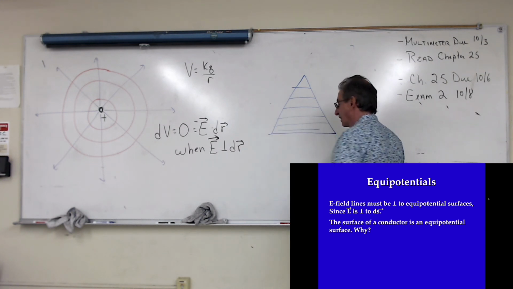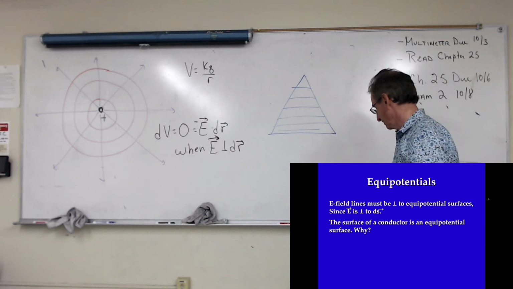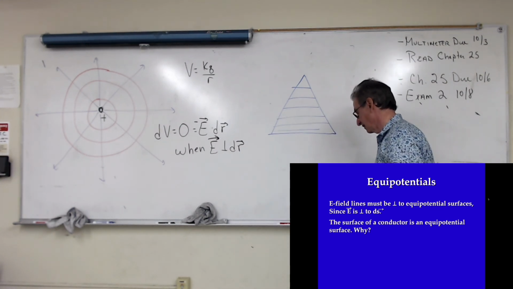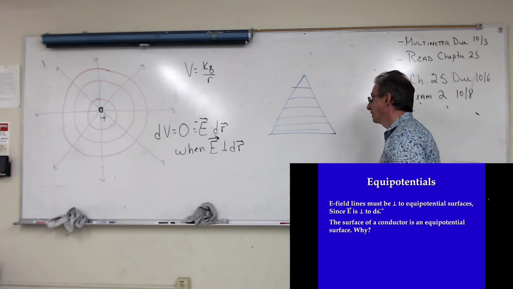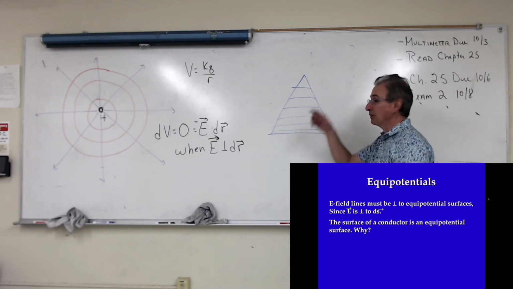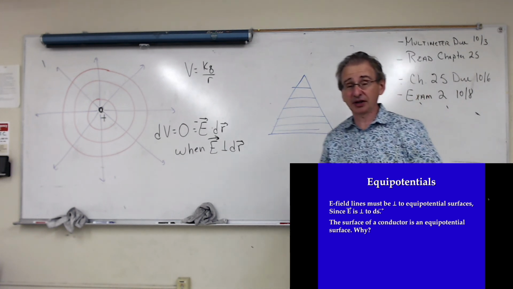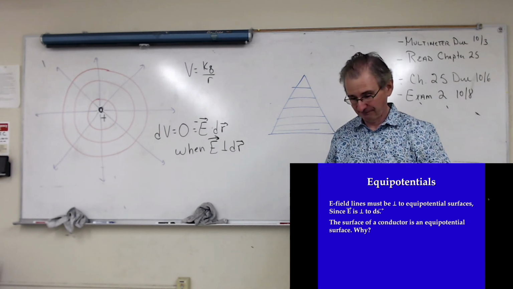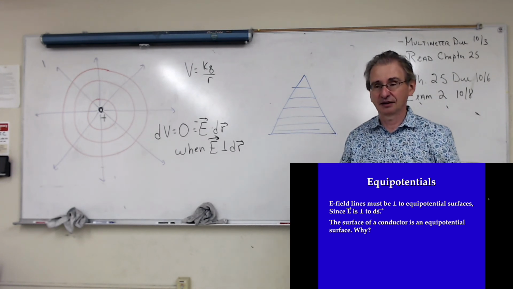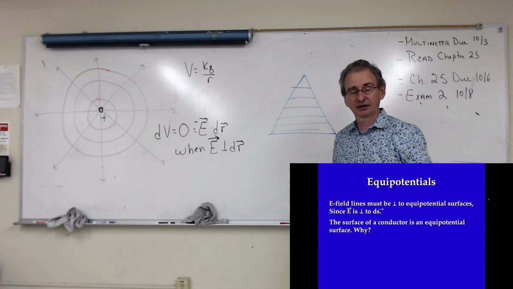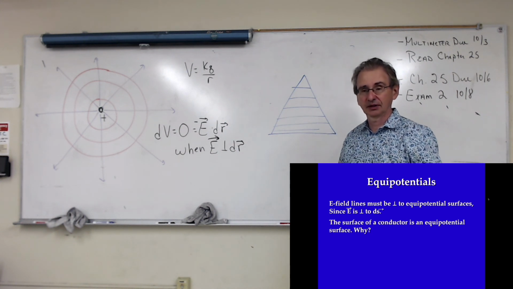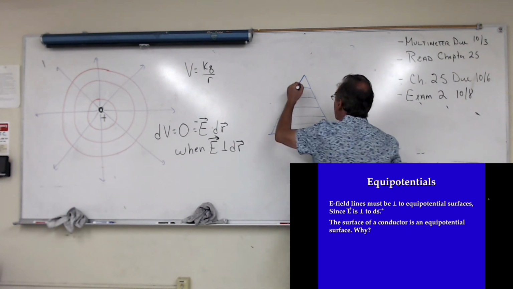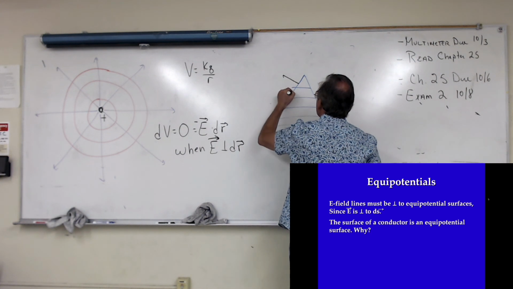Is this just due to the fact that the conductor can move electrons around freely? Not necessarily. What do we say about the field at the surface of a conductor? The direction of the field. Isn't it always perpendicular to the surface?